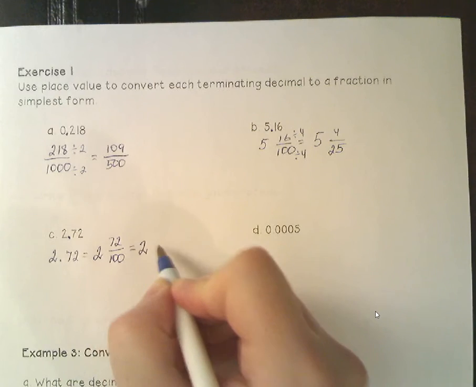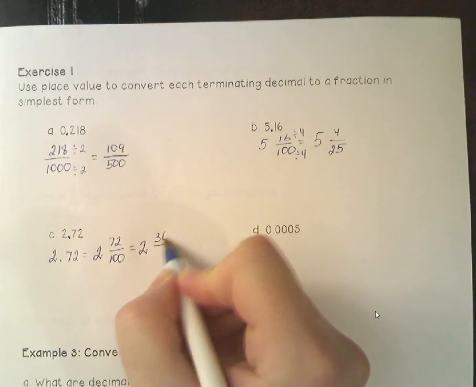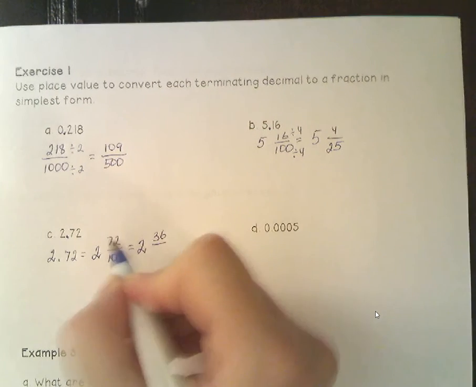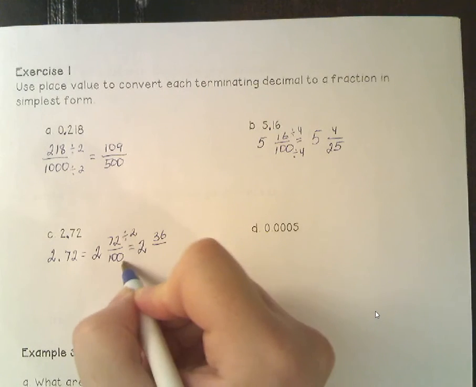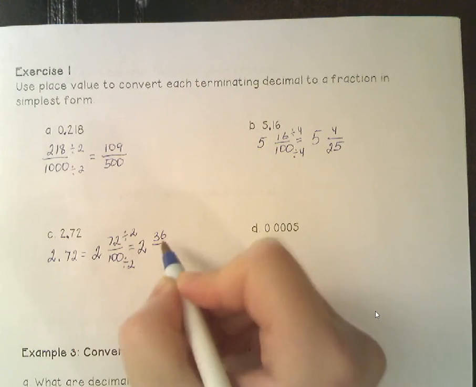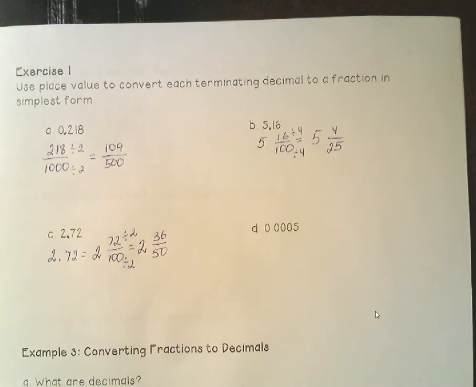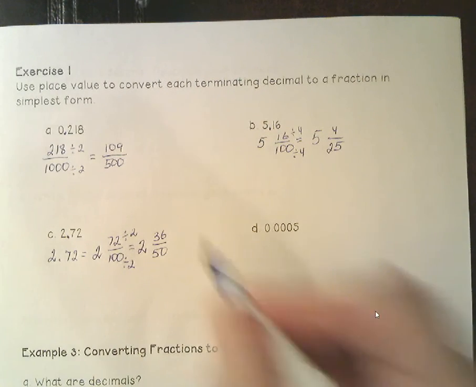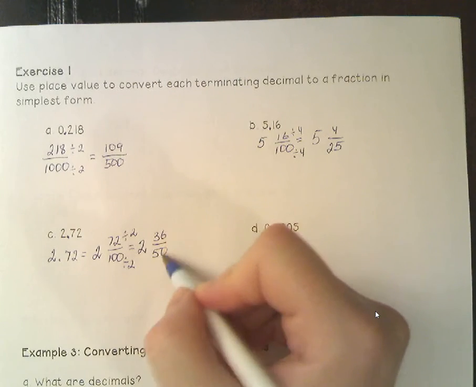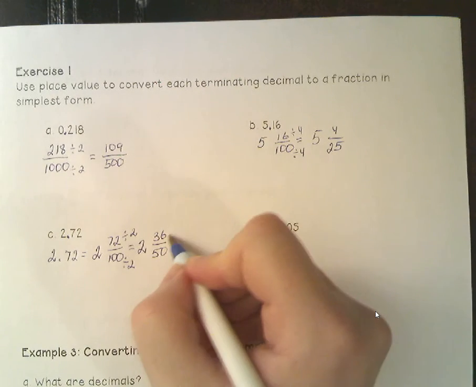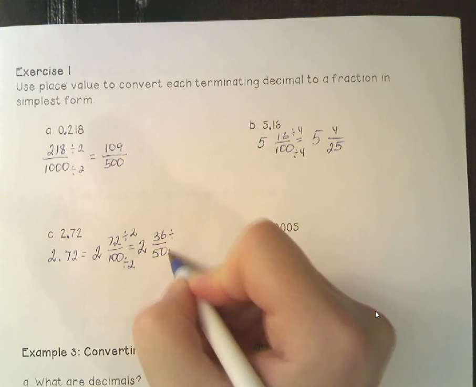So 2 and 36 fiftieths. Okay, so I simplified, but I also see that these numbers can be divisible by 2 again, because both of them are even. I'm going to divide both numbers by 2 again.